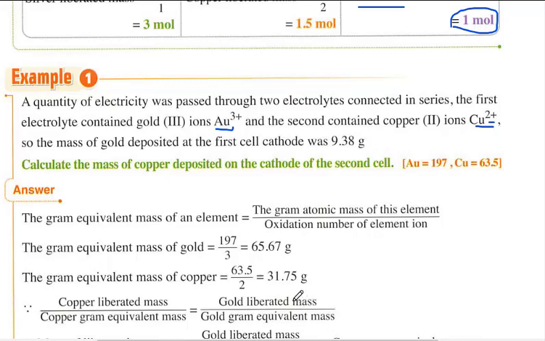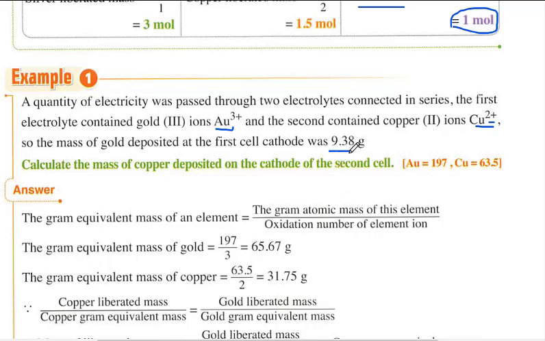There is another way to solve this problem. We can make cross multiplication: the equivalent mass of copper is precipitated when the equivalent mass of gold is precipitated. So how much copper will be precipitated at this amount?